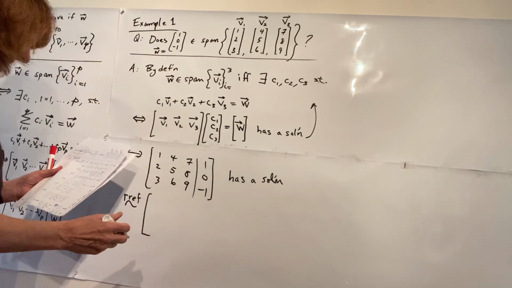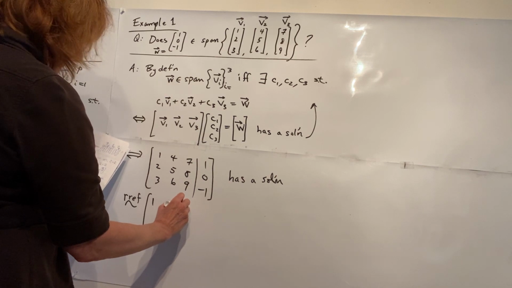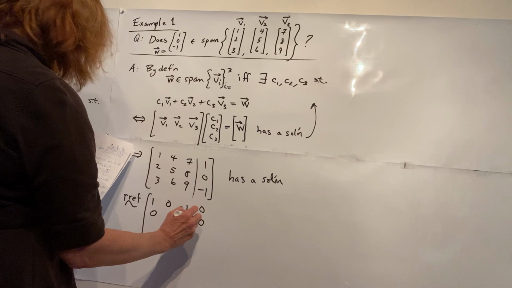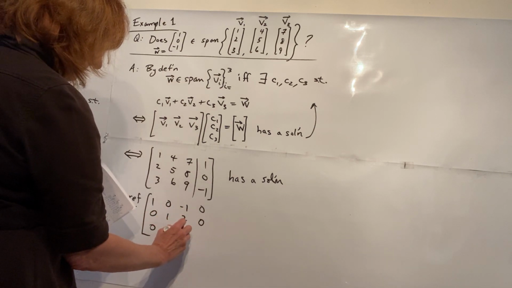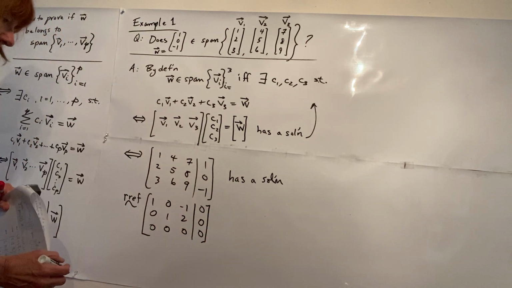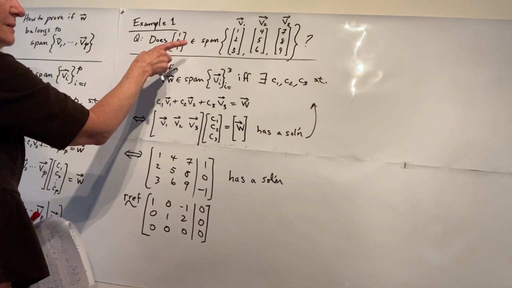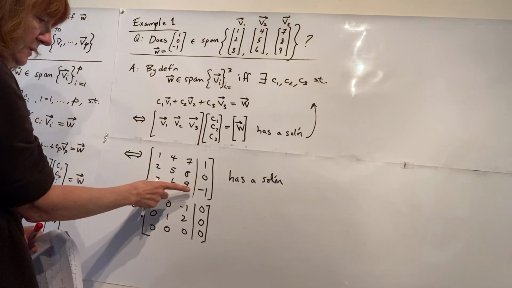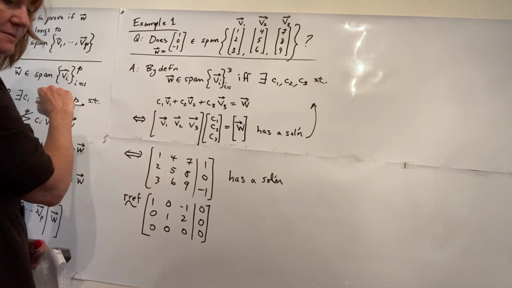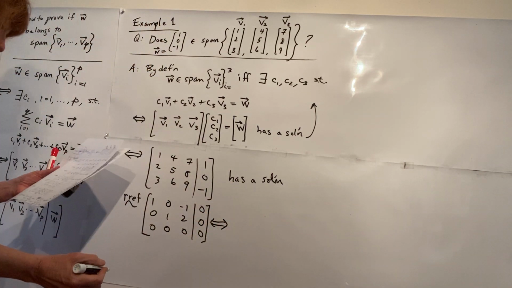All right, so you come back and you've got an RREF that looks like this. Okay. What does that mean? Well, again, we went from a vector equation to a matrix equation to an augmented matrix. So let's go from augmented matrix to matrix equation to vector equation. So that's equivalent to saying what?